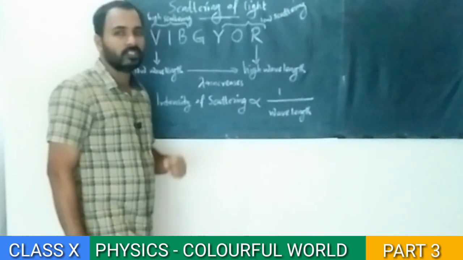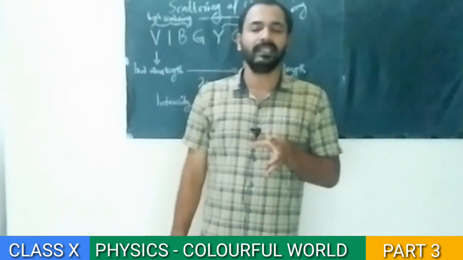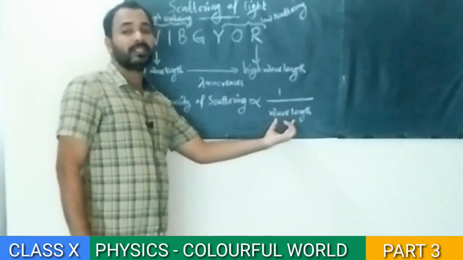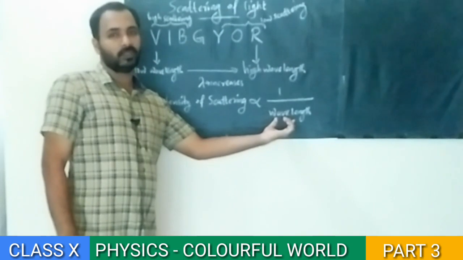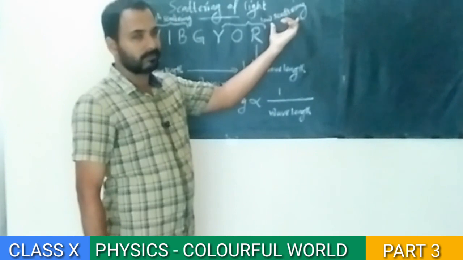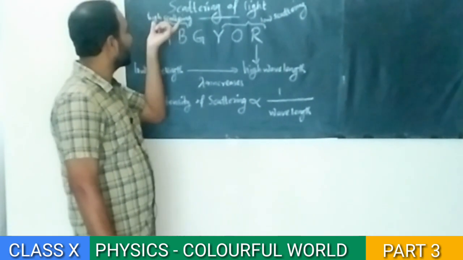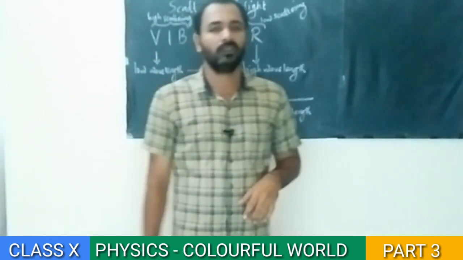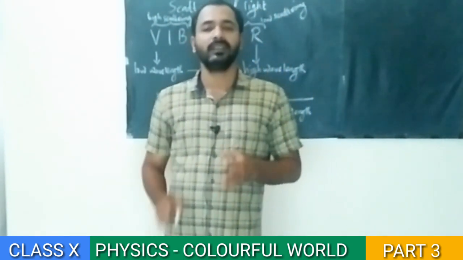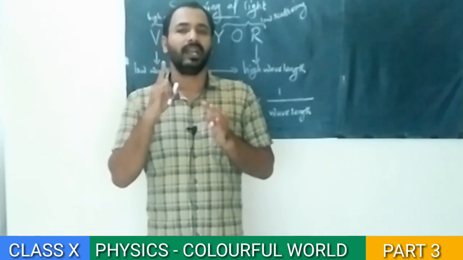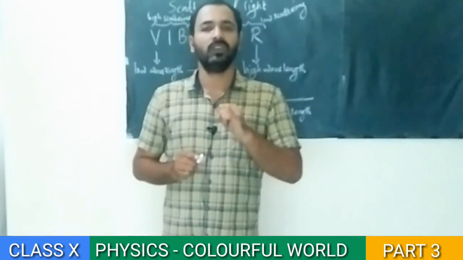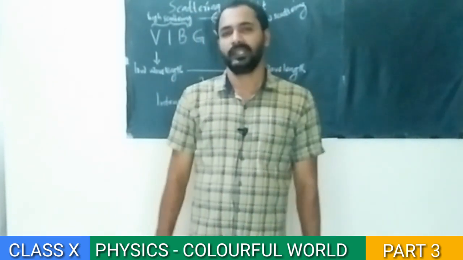So what is the relation between scattering of light and wavelength? Scattering of light is inversely proportional to its wavelength. When wavelength increases, scattering is low. When wavelength decreases, scattering is high. So the more scattered colors are violet, indigo and blue. The least scattered colors are yellow, orange and red.